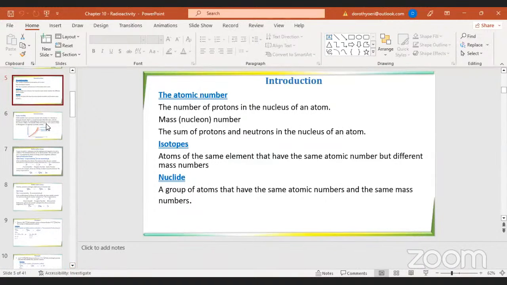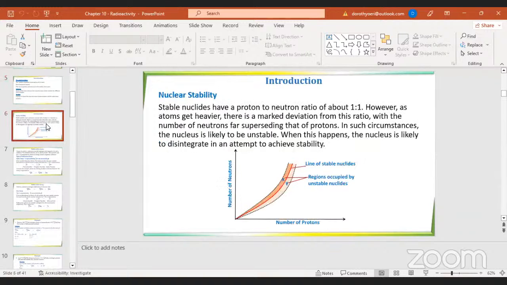So now let's look at the real thing here. Nuclear stability. Now, when we say a nuclide is stable, it simply means or indicates that the proton-neutron ratio is 1:1.